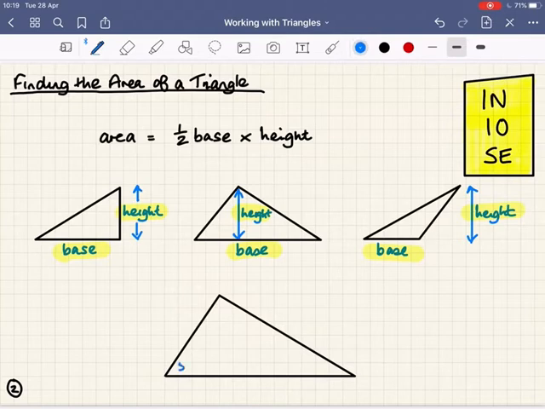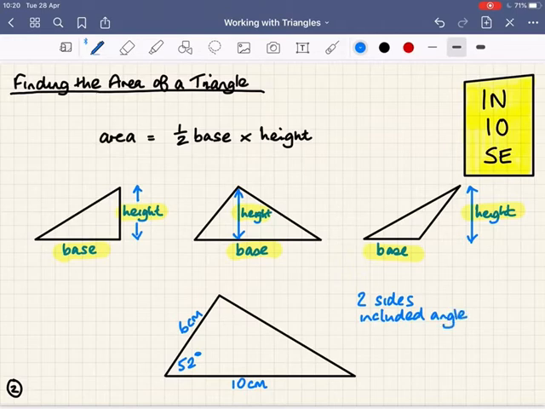But we need to look at what happens in the circumstance where we don't have all that information. Imagine we've got this particular instance. I've got one of the angles and I've got two of the sides. This is called having the included angle. I've got two sides and the included angle. The included angle, as the name suggests, means the angle that is included or contained by the two sides.